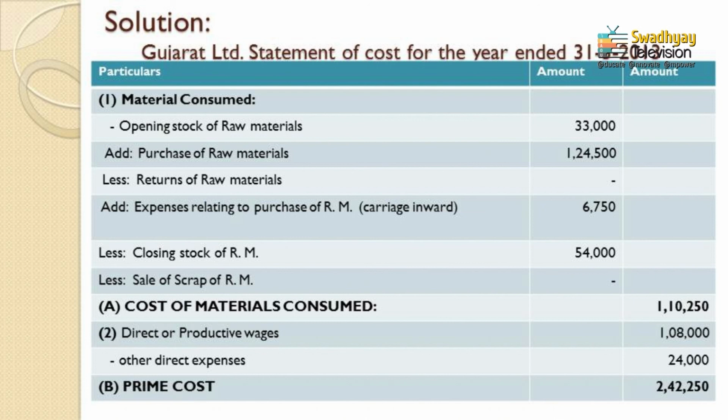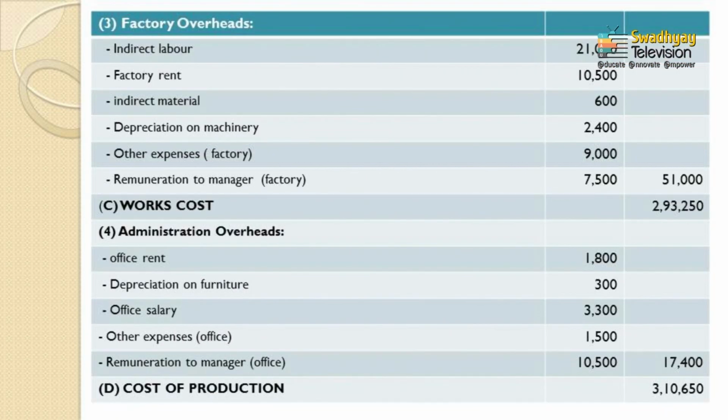Then moving to the next part, you determine all the factory expenses. Under the head of factory expenses, all expenditures are recorded under the factory overheads in the first column. The total of the factory expenses of ₹51,000 is transferred into the outer column and added into prime cost, which comes to work cost.